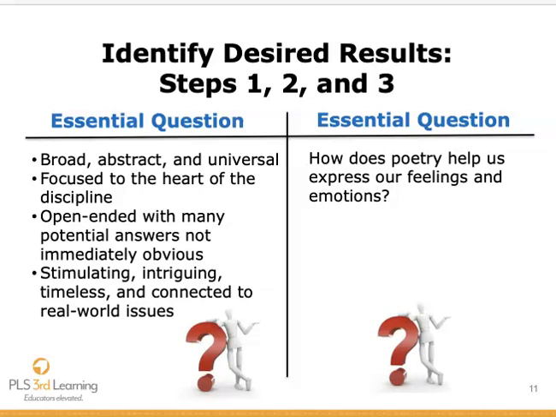It is also connected to real-world issues that have a relevance for students as they search for deeper understanding. We always want to invoke curiosity and the desire to know more in our students. On page 161, the essential question for Poetry in Motion was, how does poetry help us express our feelings and emotions?